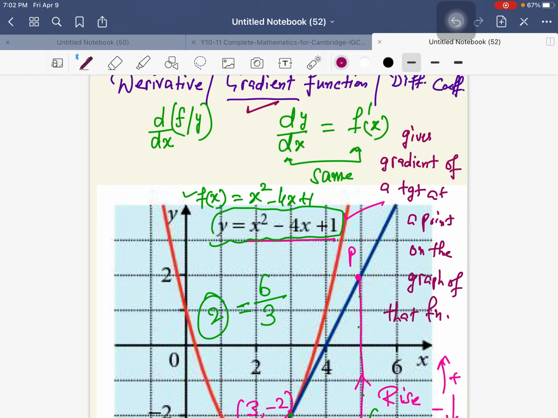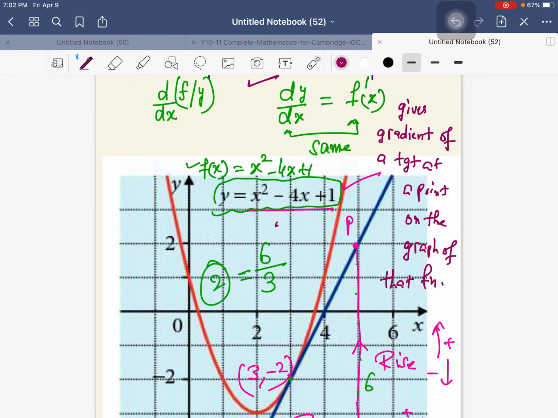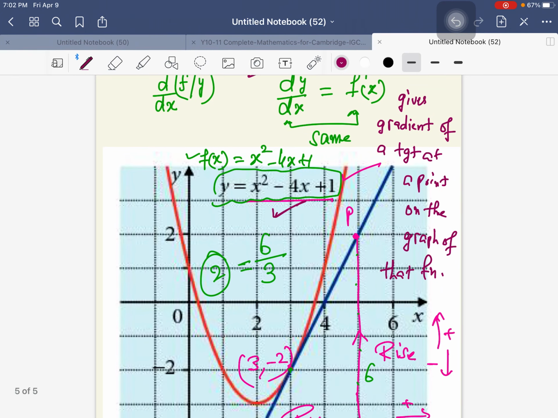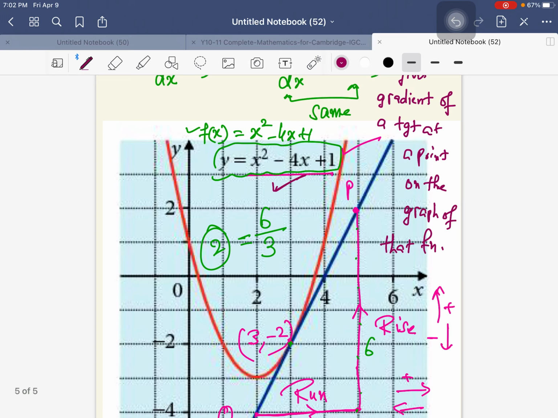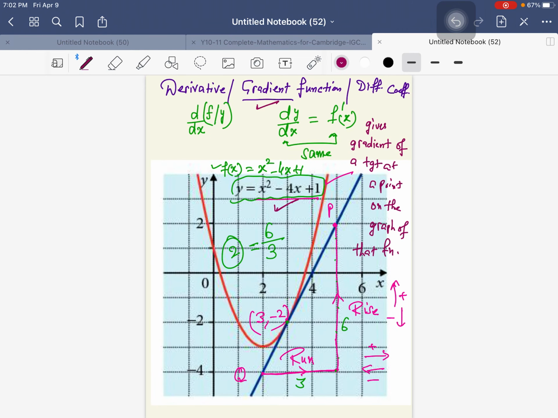In simple words, for this function or equation, the graph is the red one. At a particular point (3, -2), we find the gradient of the tangent. We draw a tangent at this point (3, -2), then we find the gradient by rise by run. So that value will be nothing else but the derivative.